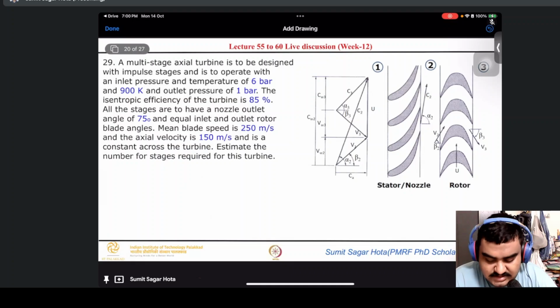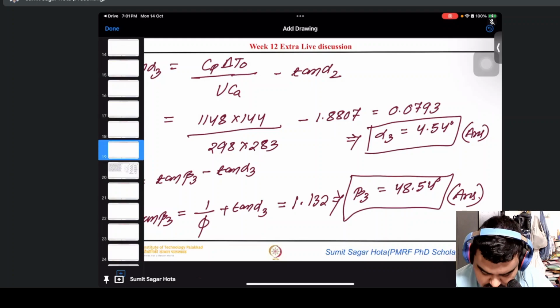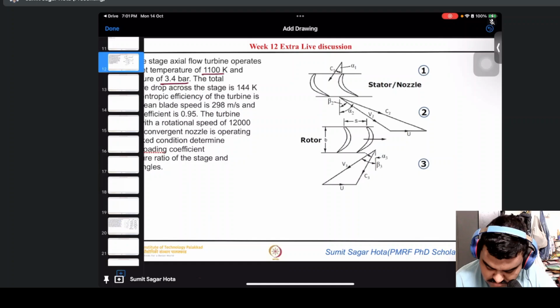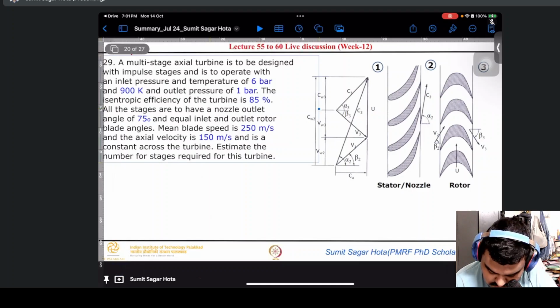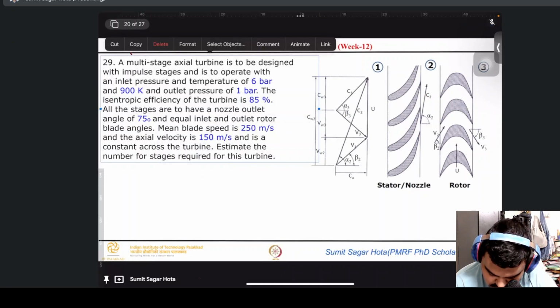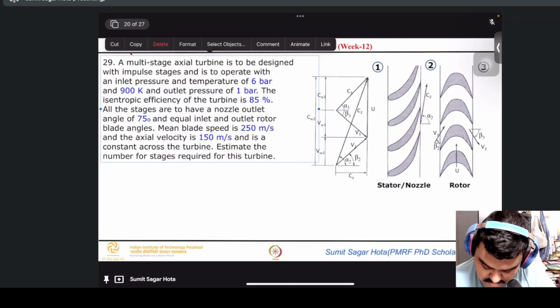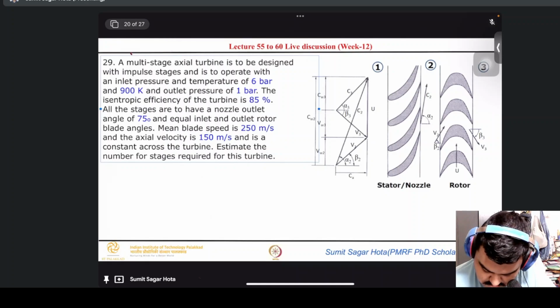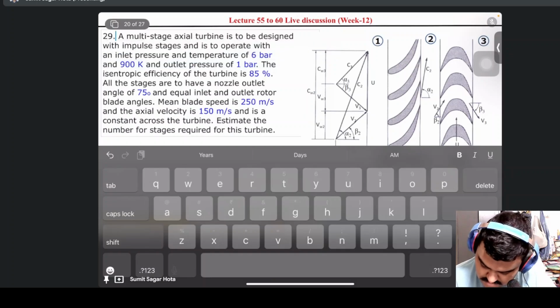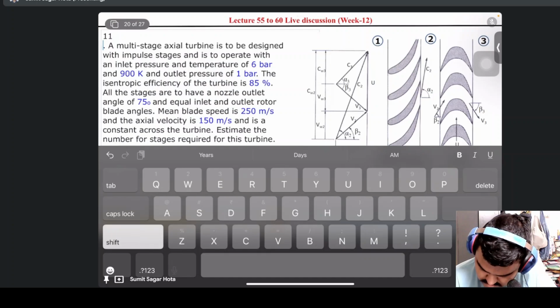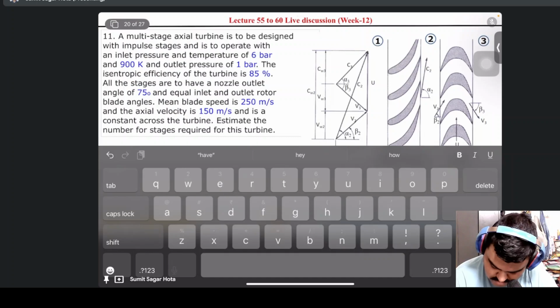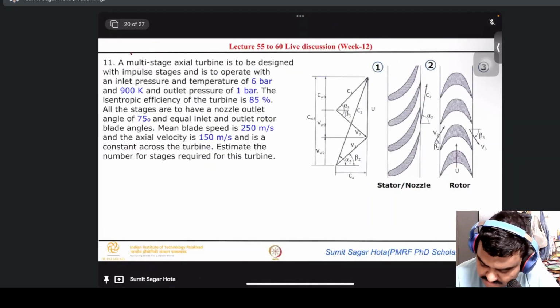A multi-stage axial turbine is to be... So this is the question number 11.